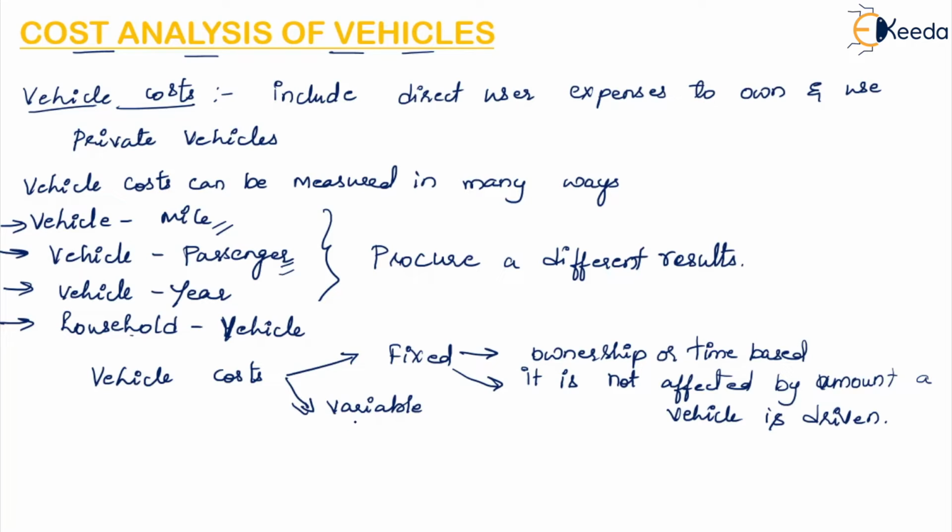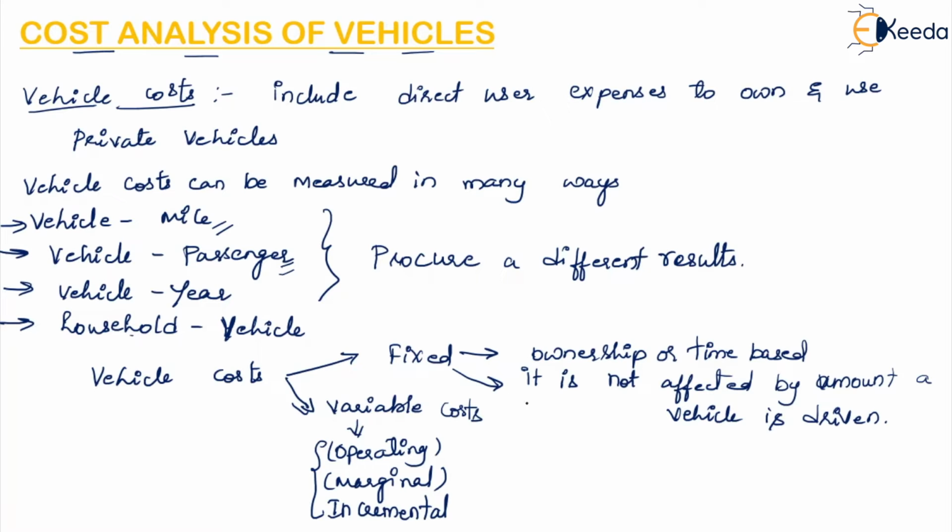So other names for this is operating or marginal or incremental. So it can be called with any of these names. So this variable cost will increase with vehicle mileage.